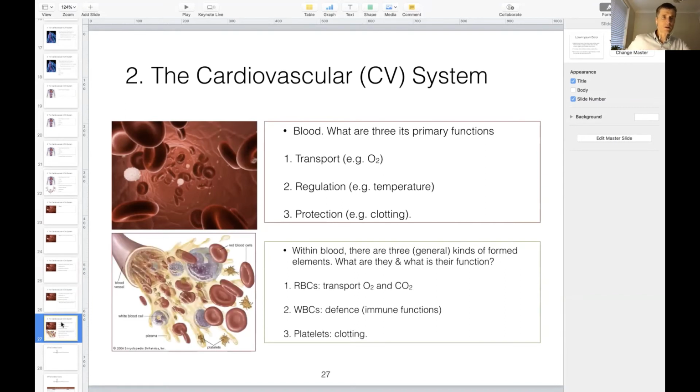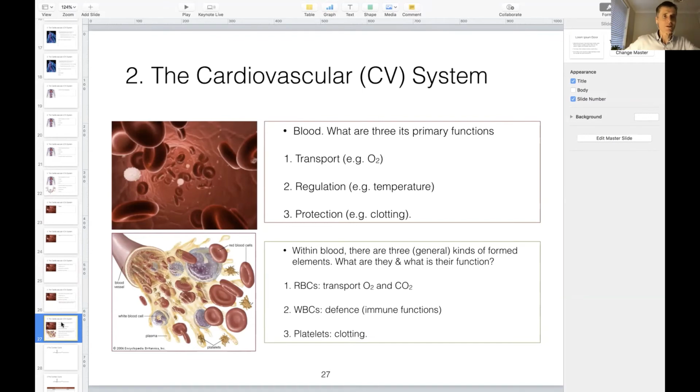For a lot of you, this is fairly straightforward revision. In short, there are three formed elements within the blood: red blood cells, white blood cells, and platelets. And we could go into a lot of detail about this.